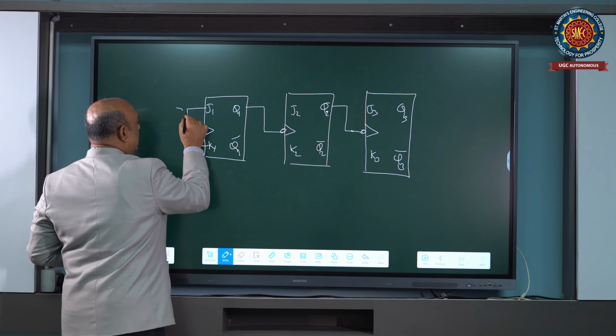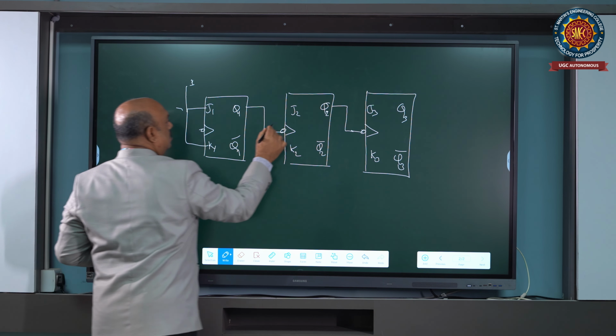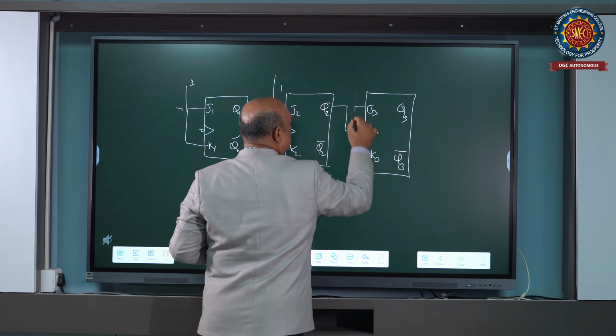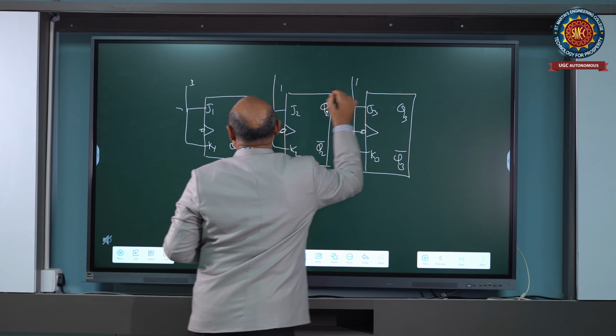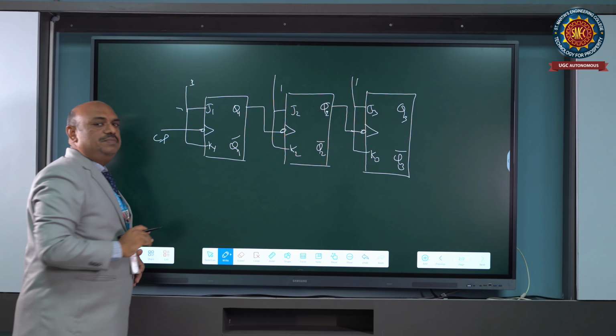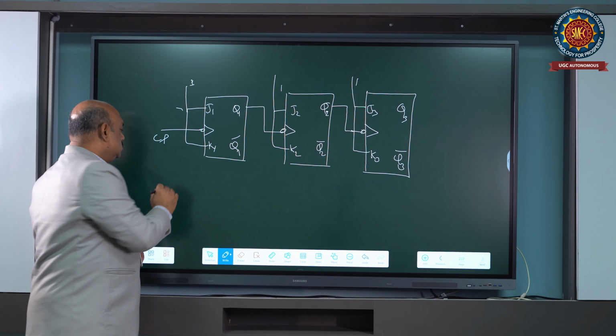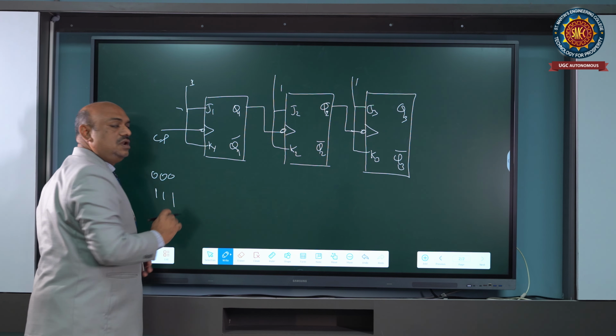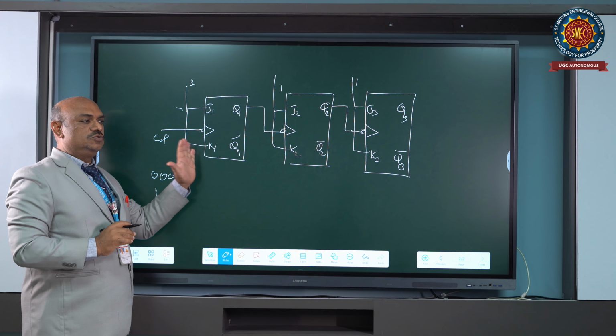Both J and K are made 1 in each flip-flop. And here I am giving the clock pulse. So this 3-bit counter will count from 0, 0, 0 to 1, 1, 1. In total it will count 8 states.